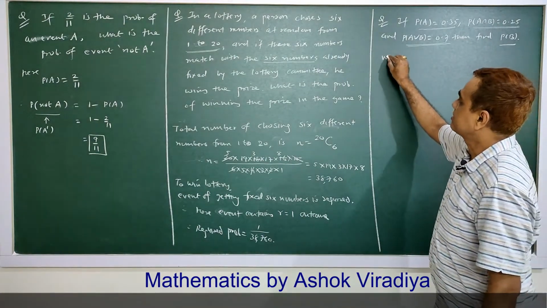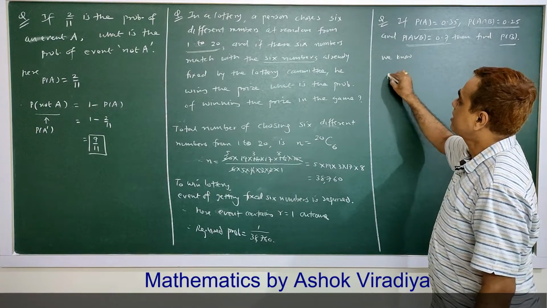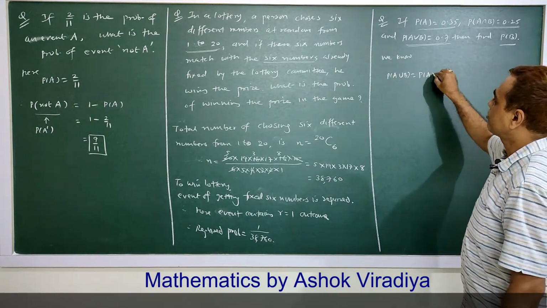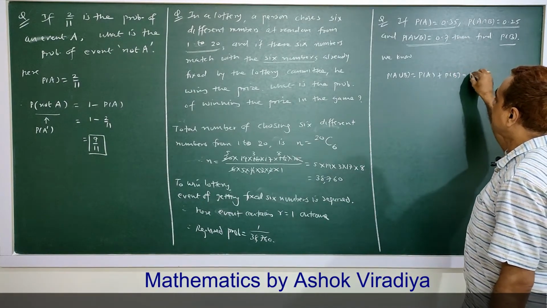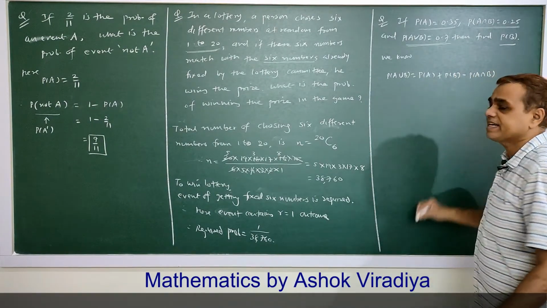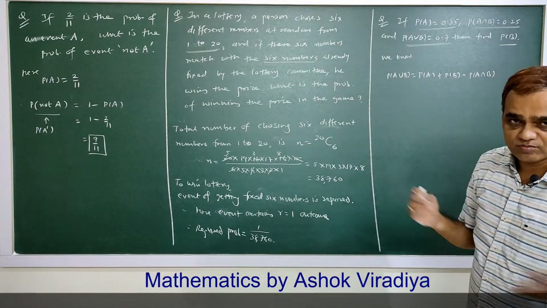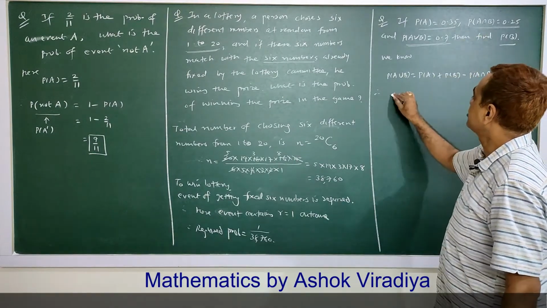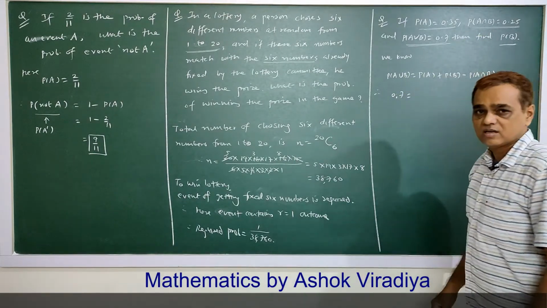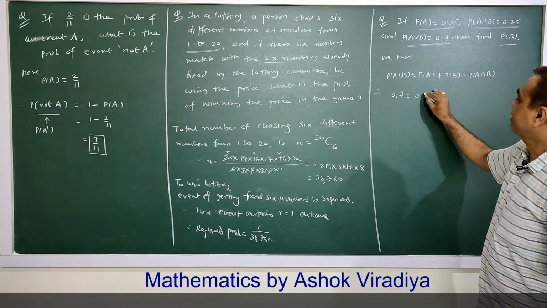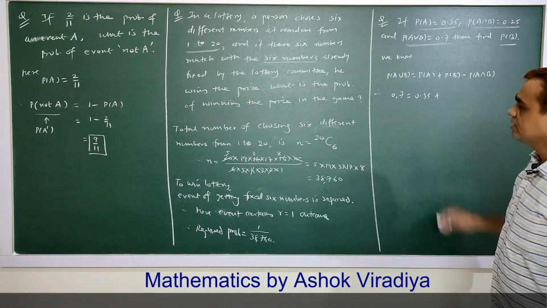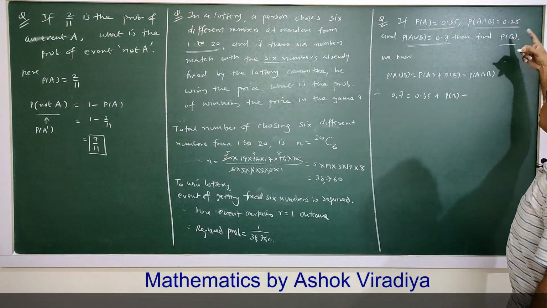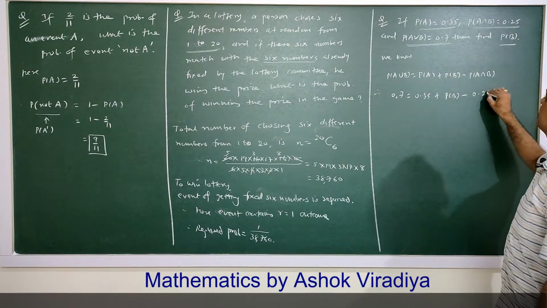Now we know the result. Probability of A union B is equal to probability of A plus probability of B minus probability of A intersection B. This result we know. Now putting values, probability of A union B is 0.7, probability of A is 0.35, probability of B is required, probability of A intersection B is 0.25.